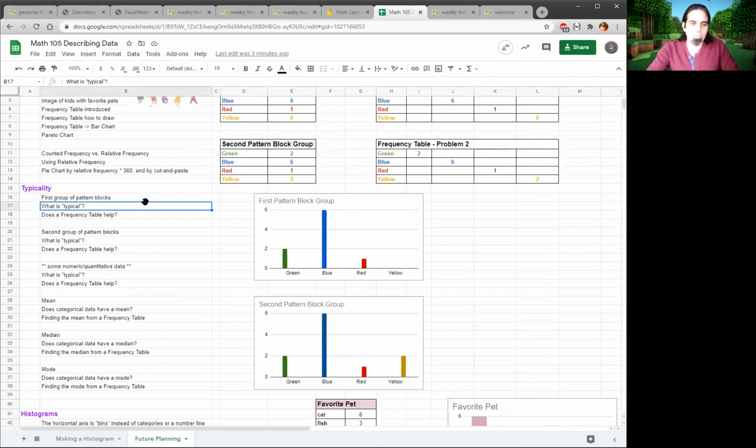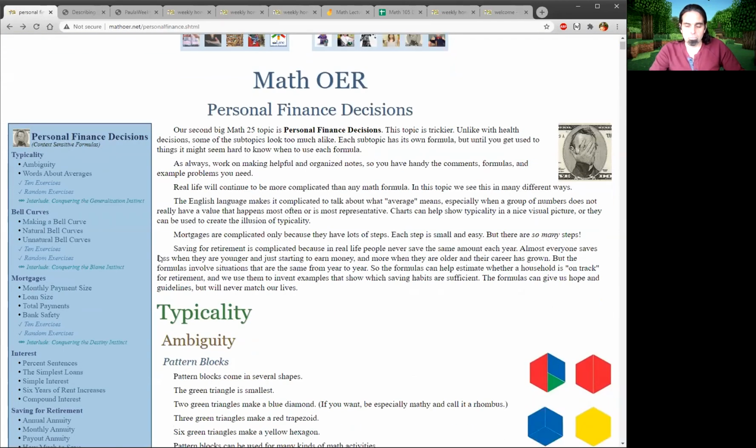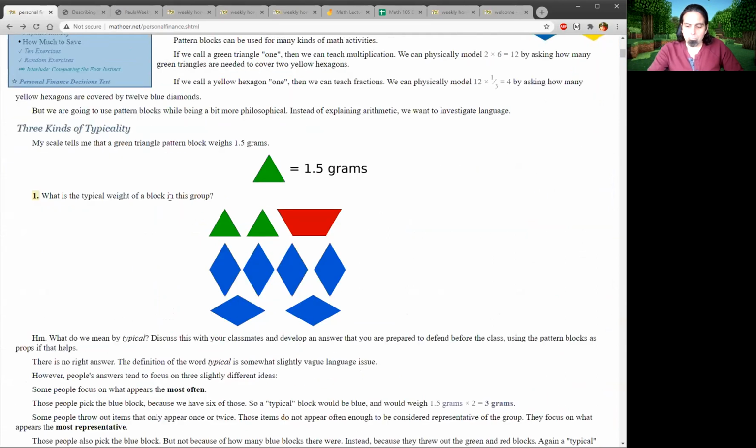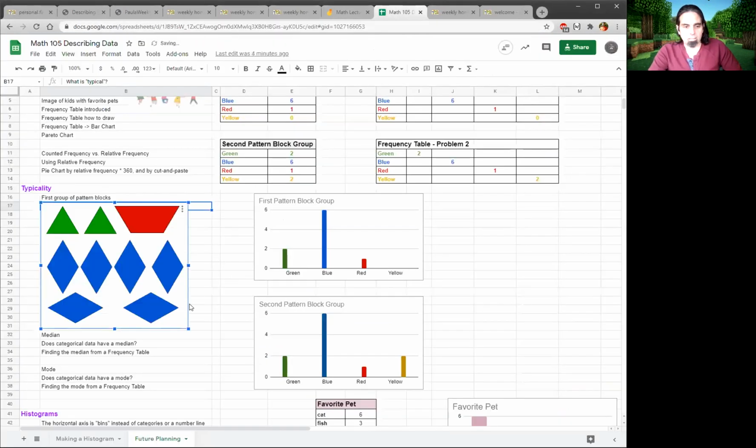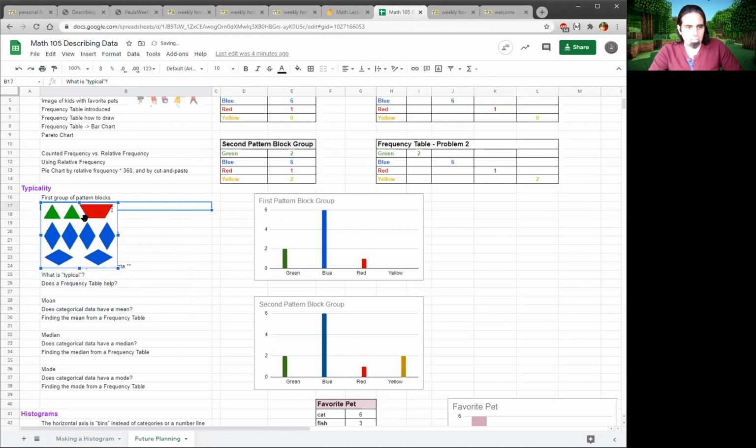They all sort of measure the same thing, and it's pretty clear what's typical. But sometimes those don't, or they raise questions. So we had those pattern block things. What was most typical in a situation? And just get your brain thinking that it's not always an easy or even sensible question to ask.